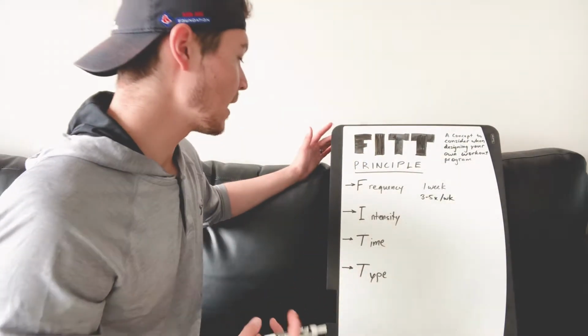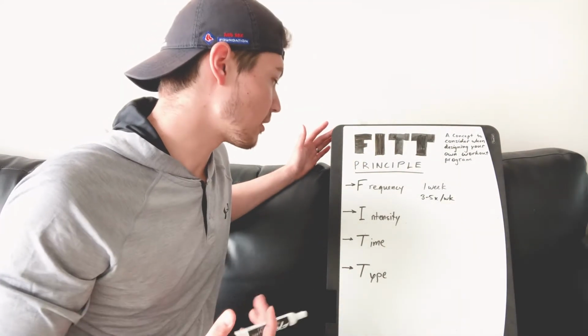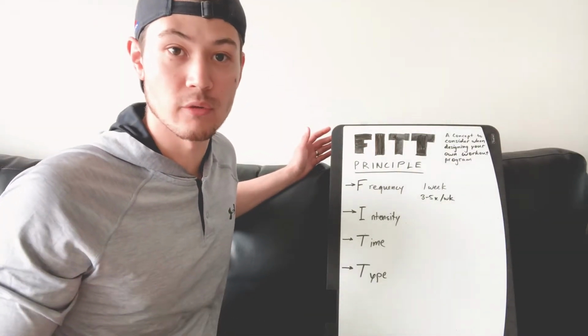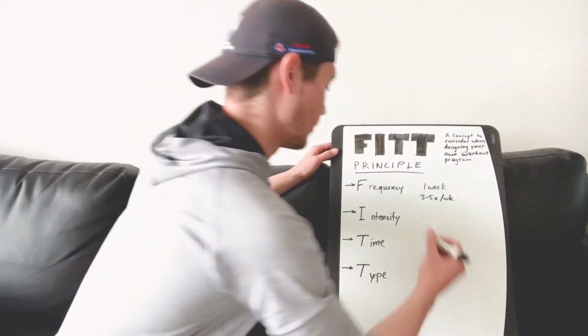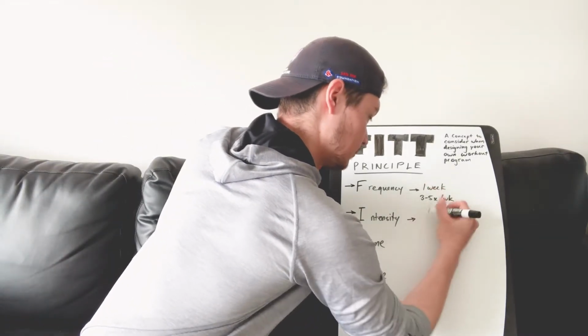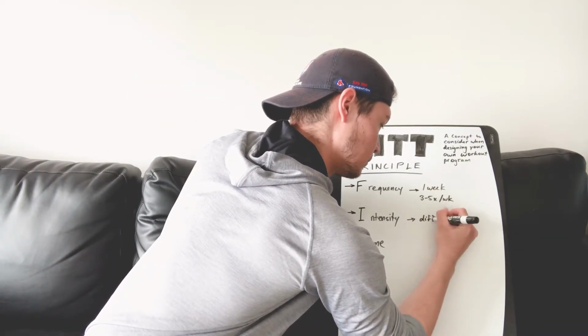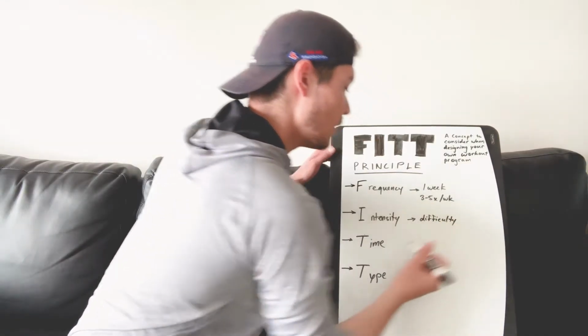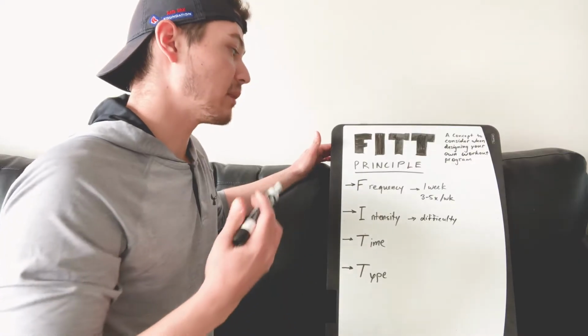So that's frequency. Intensity refers to the amount of weight or the difficulty of the work that you're doing during those exercise sessions. When we mean difficulty, that can mean a number of things.